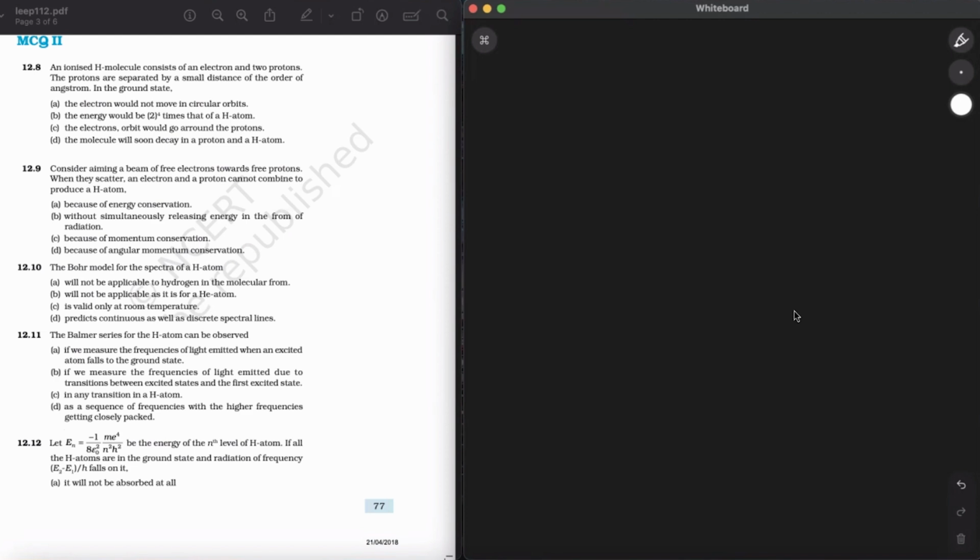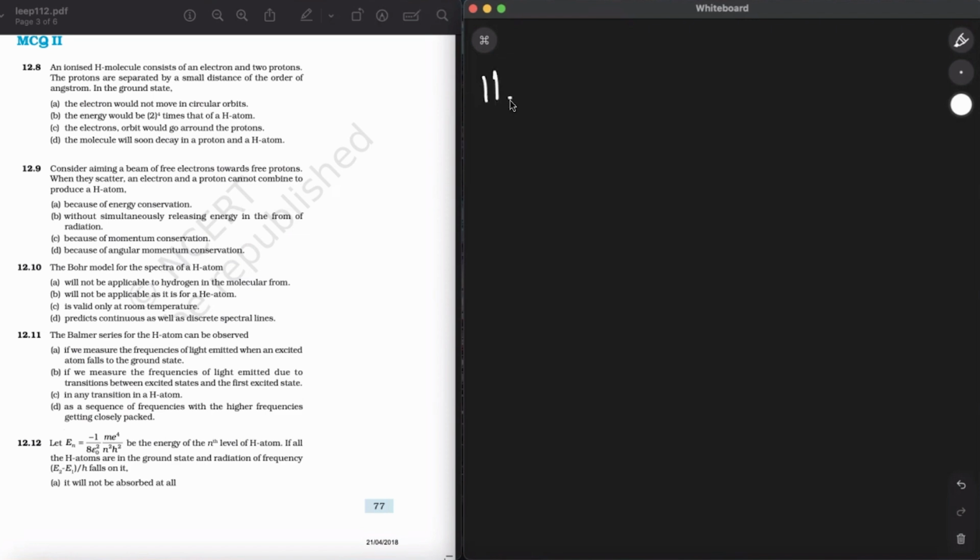Now option C, it's valid only at room temperature. It has nothing to do with temperature, so it is incorrect. It predicts continuous as well as discrete spectral lines. No, it is not correct. So the correct options for question number 10 are A and B.